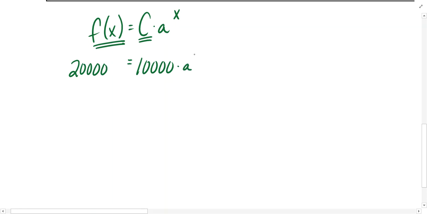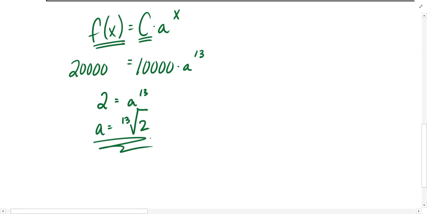We don't know the rate at which it's growing per month, but we do know that it's doubling in size after 13 months. It changes from 10,000 to 20,000 in 13 months. After we divide both sides by 10,000, we're left with 2. And after we take the 13th root of both sides of the equation, we find that a is equal to the 13th root of 2.